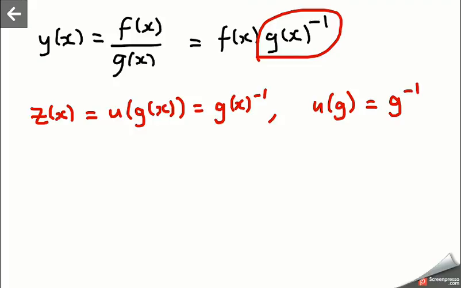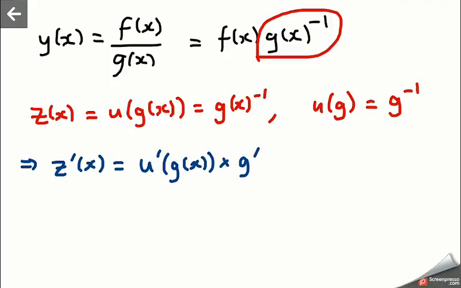Otherwise, there's no other way to write z of x as a combination of these functions. Then we know from the chain rule that z prime of x, if we differentiate this with respect to x, is equal to u prime, so u differentiated at the point g of x, times g differentiated at the point x.